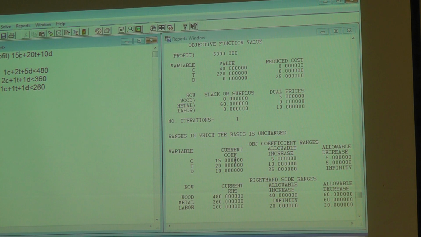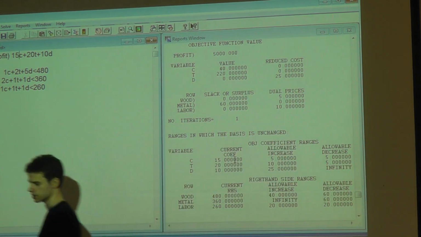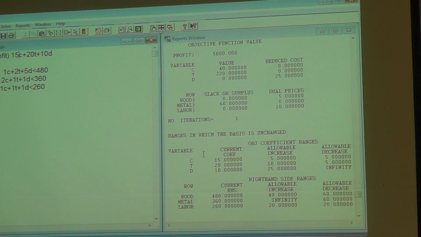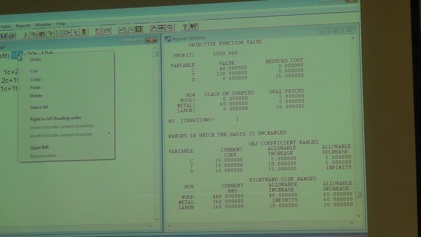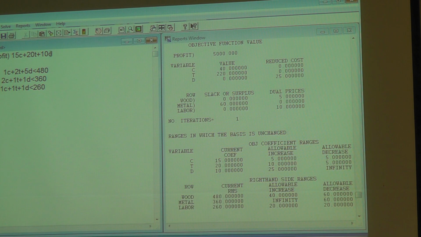Can we try that? Can we put 35 doors and see? Yes. So I believe that the computer will find just one basic solution, it will not find all of them. So let's see, you have 35 here.